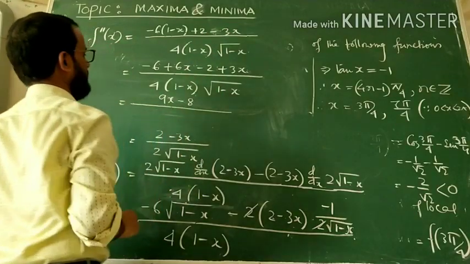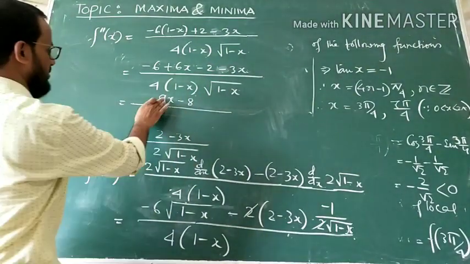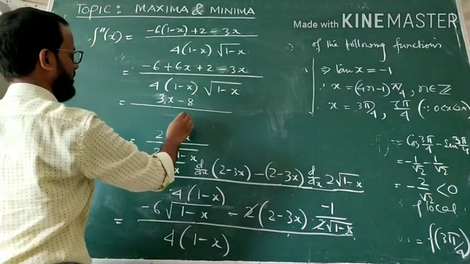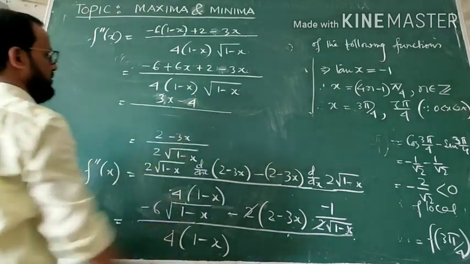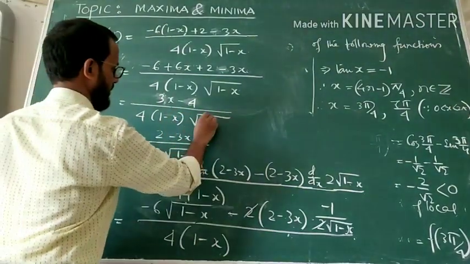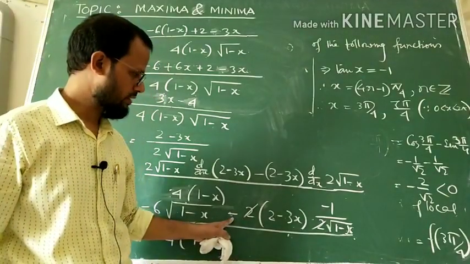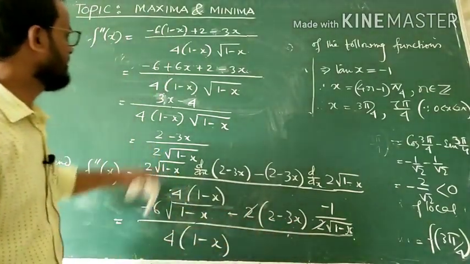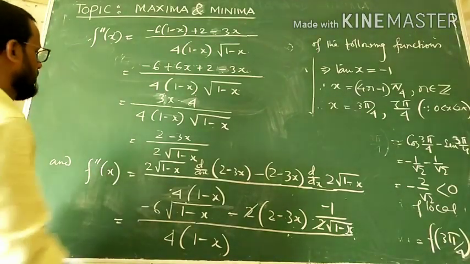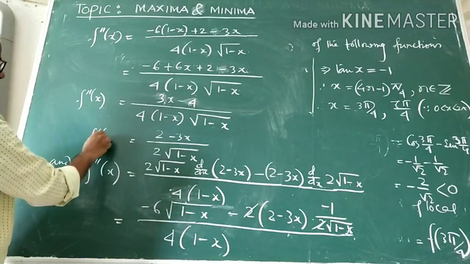So finally 6x minus 3x, that will be 3x, and it will be minus 4. And it will be 4 into 1 minus x into root over 1 minus x. So this minus and this minus make a plus, and literally this term is 2 minus 3x. I think you understand. Now this is your f double dash x, this is your f dash x.